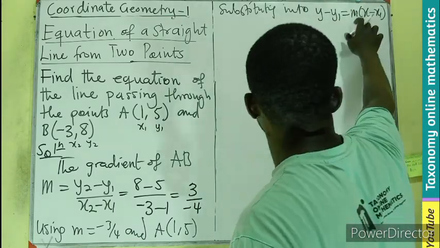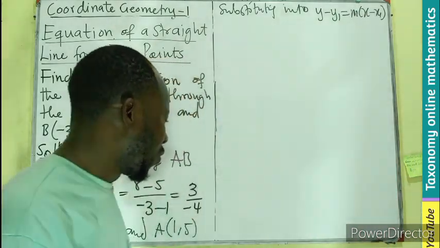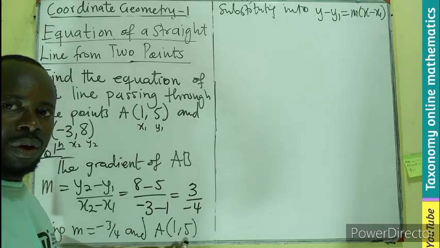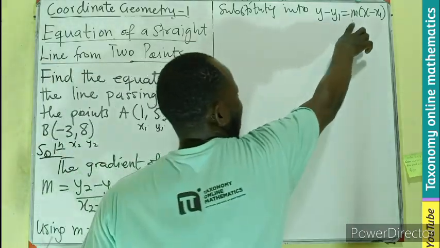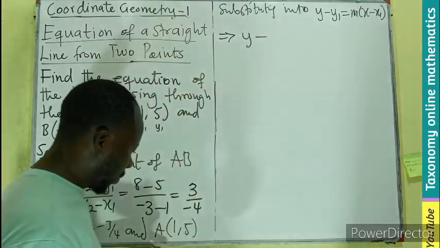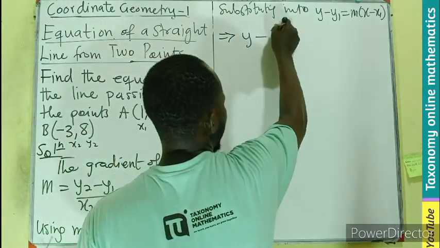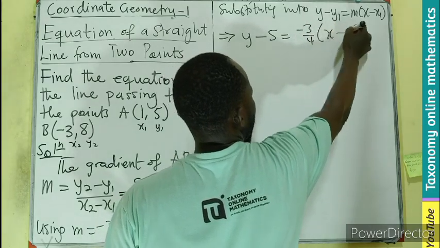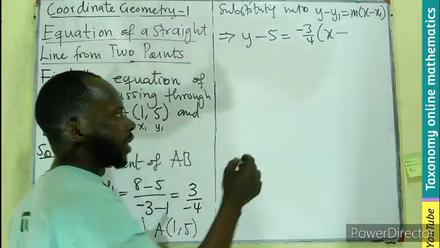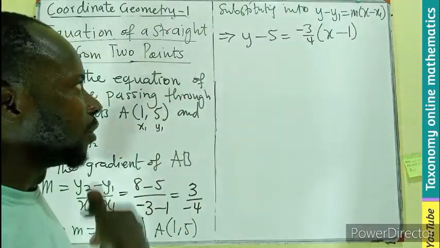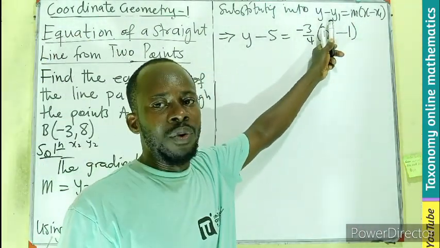Don't forget, this is the x1, y1, and this is the gradient. So this becomes y minus y1, which is 5, equals the gradient minus 3 on 4, times x minus x1, which is also 1. So that's the second step: substitute into this very equation.